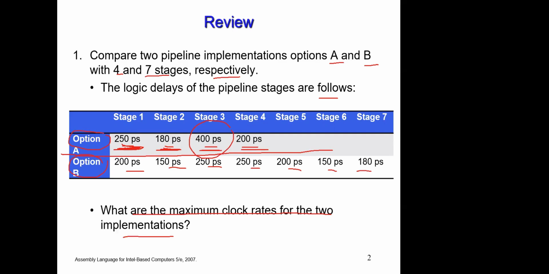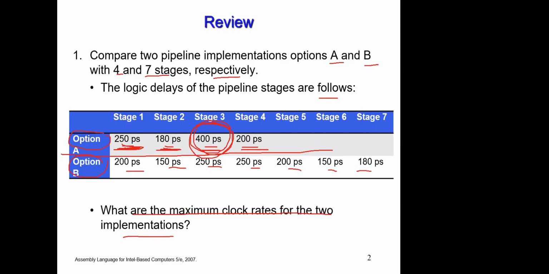Which gives us an indication that if we have a clock that satisfies the slowest, of course it will be able to satisfy the faster ones. You can't go the other way around. If you go the other way around, unfortunately, you won't be able to satisfy anything that is slower than that particular clock. Because of that, the clock rate will depend on this value, which will be just 1/t. So you have the t, it will be just 1/t.